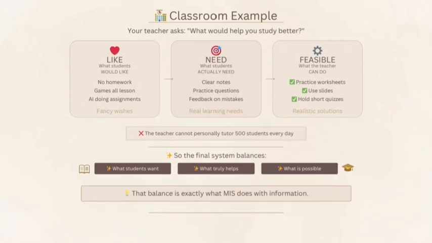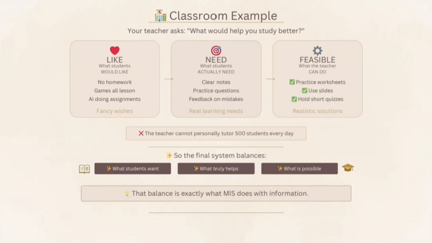Another super simple example. Imagine your teacher asks students, what would help you study better? Students might like no homework, games all lesson, AI doing assignments, but students actually need clear notes, practice questions, feedback on mistakes, and the teacher can feasibly give practice worksheets, use slides, hold short quizzes.